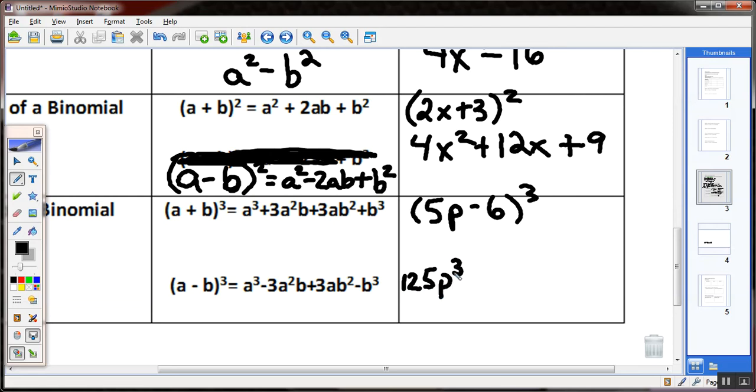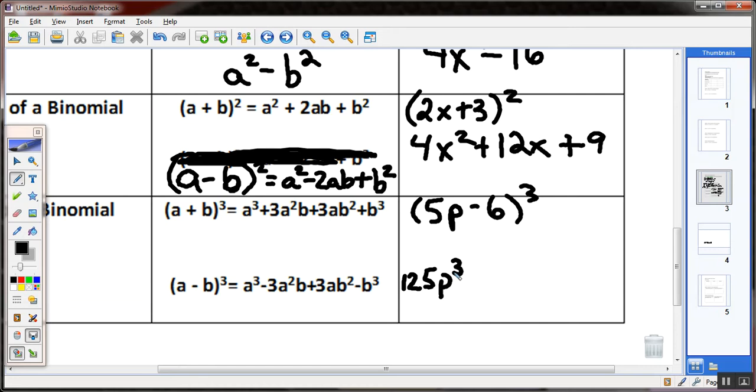125p to the what? Now it says minus 3 times a squared. So I've got to do minus. We need to know what a squared is first, don't we, kids? 25p squared times what here? So times 3, and then times the b value is really 6, isn't it, kids? So do this for me. Go 25 times 3 times 6.